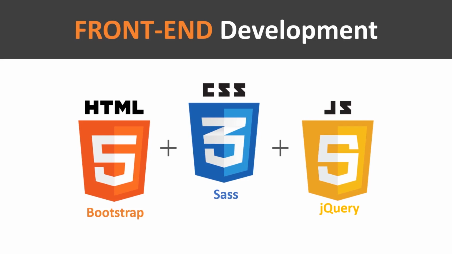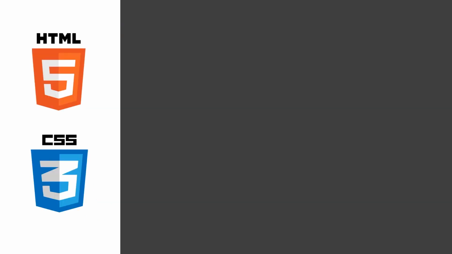So let's see what languages you should learn first for beginning as a front-end developer. Okay, first you need to learn HTML and CSS basics. First, HTML elements: learn about attributes, formatting tags, input tags, and forms.